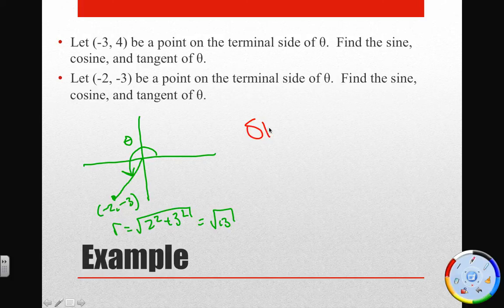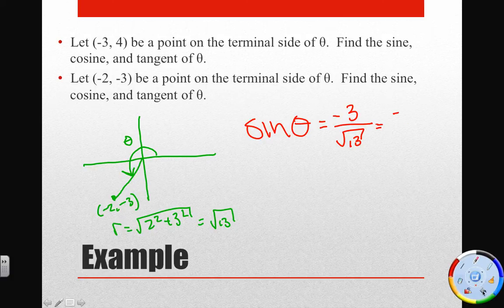So we get the sine of theta is, as defined, y over r. So it's -3 over the square root of 13. And we always simplify this to -3 radical 13 over 13.